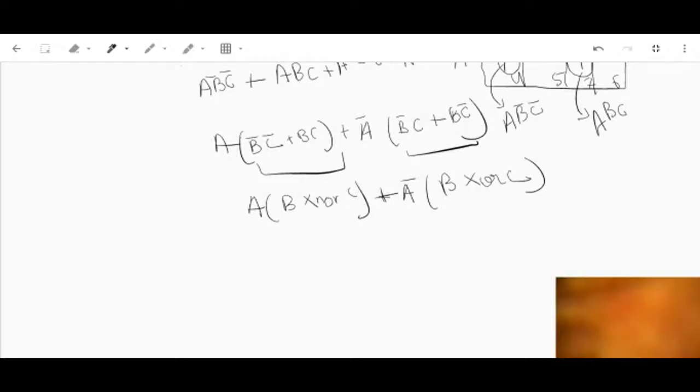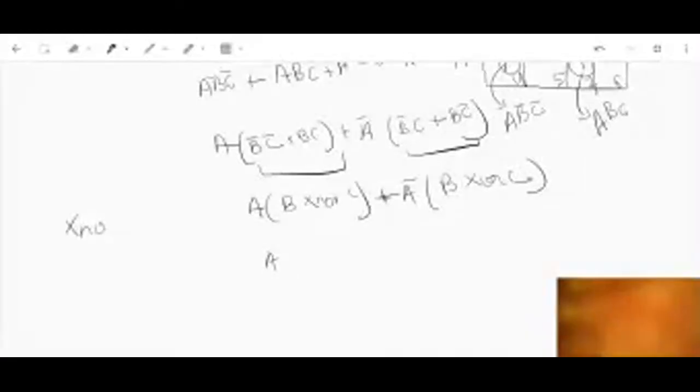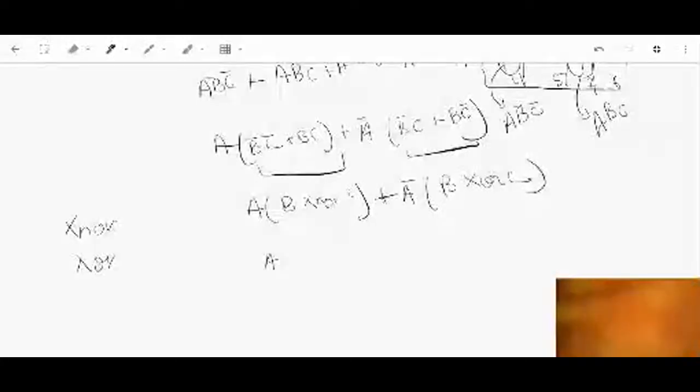After that, we have to notice that there is also the formation of one thing. I'll show you how it will be formed. XNOR is what? XOR, or we write as this, XOR with a bar on the top of XOR.